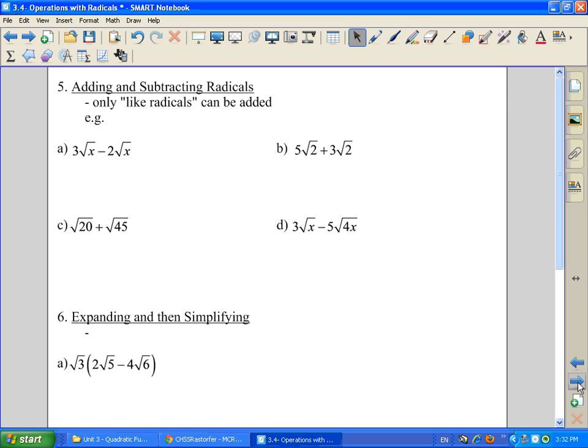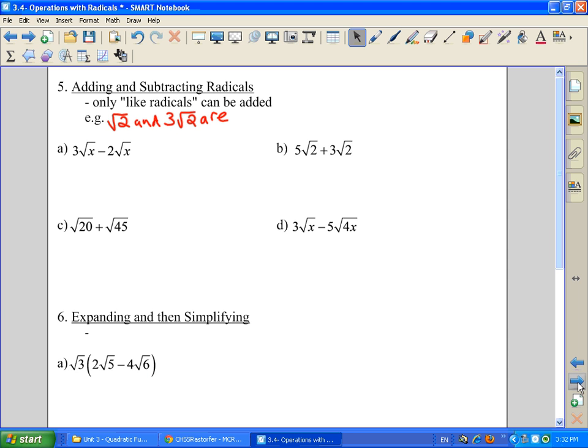Okay, adding and subtracting radicals, you can only do like radicals. So what you need to do is to make sure that we know what like radicals are. For example, root 2 and 3 root 2 are like radicals because they both have root 2.